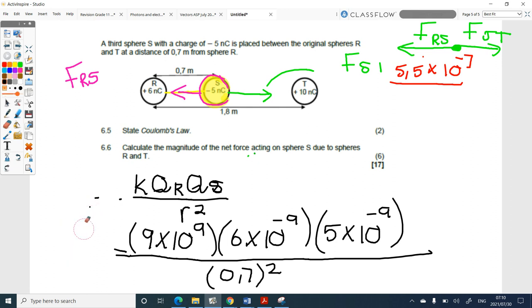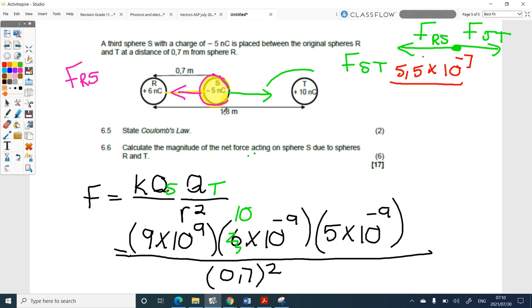Okay, so once you've done that, now you're going to do the same for the other force. You're going to say, fine, I also need to get this green force, the force between S and T. So now the values are just going to change. This is going to be S and this is going to be T. This is still 9 times 10 to the 9. S is still 5 times 10 to the minus 9. This will just become 10 times 10 to the minus 9.